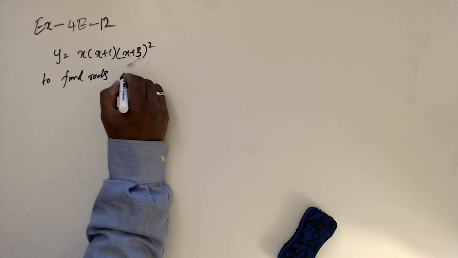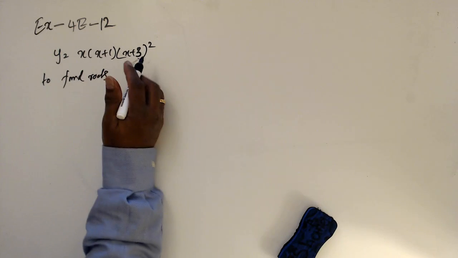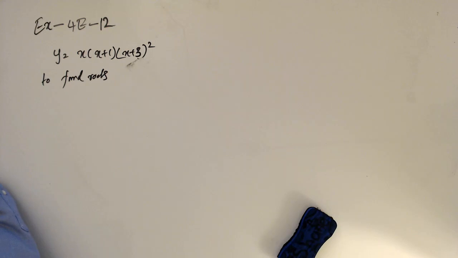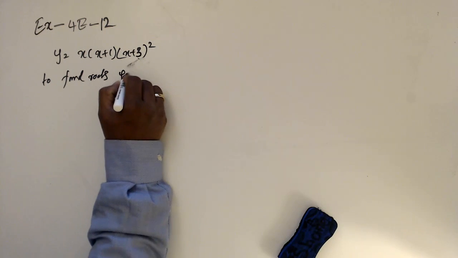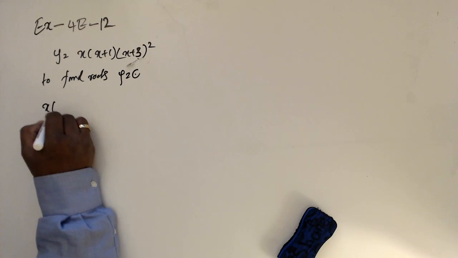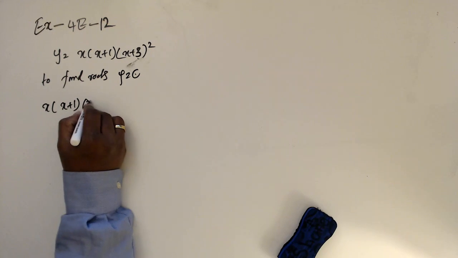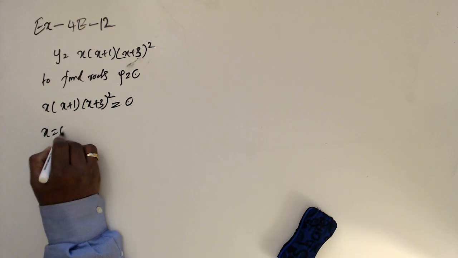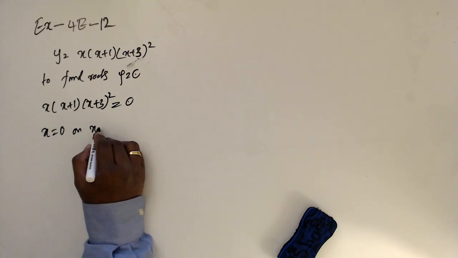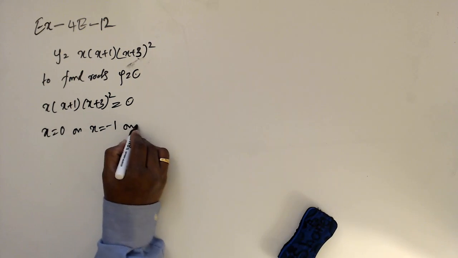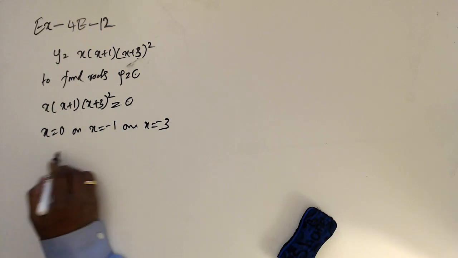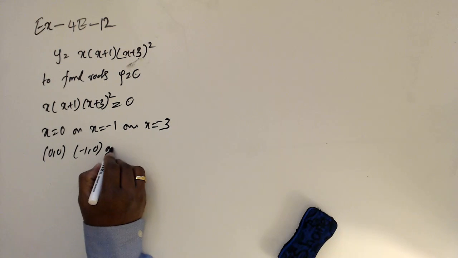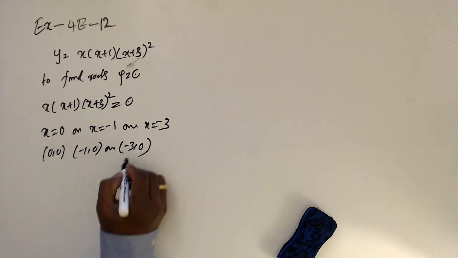To find roots, this is number 12. y equals 0, then x times (x plus 1) times (x plus 3) squared equals 0. x equals 0 or x equals minus 1 or x equals minus 3: (0, 0) or (minus 1, 0) or (minus 3, 0).